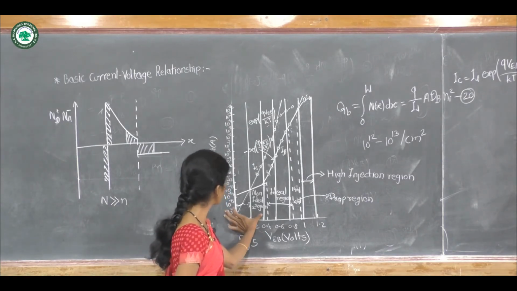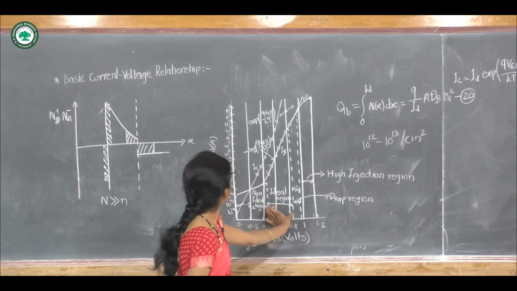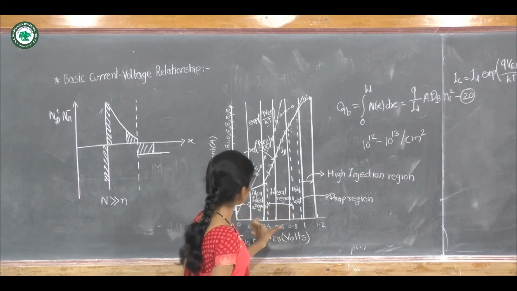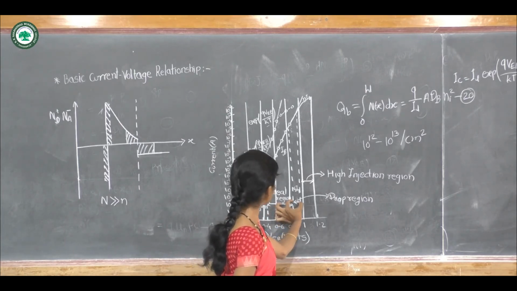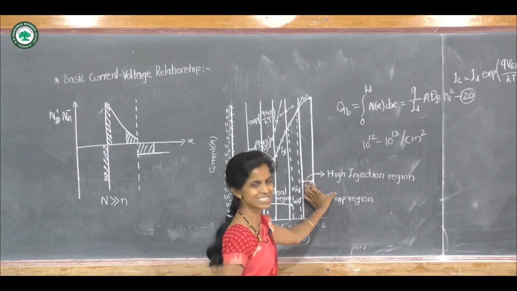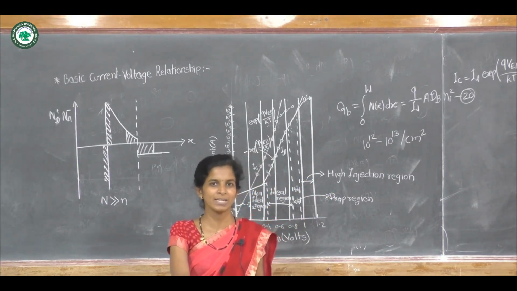That is, this is the non-ideal region, this is the ideal region in which the transistor is working, this is the drop region, and this is the high injection region. So with this I will stop here. Thank you.